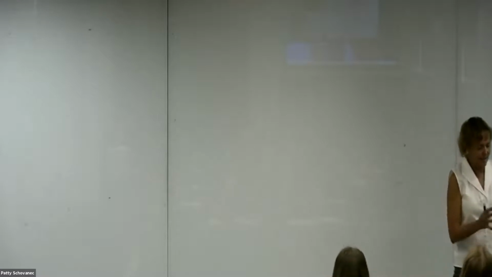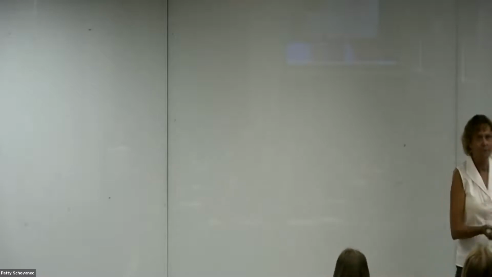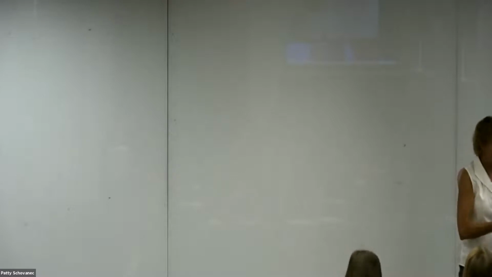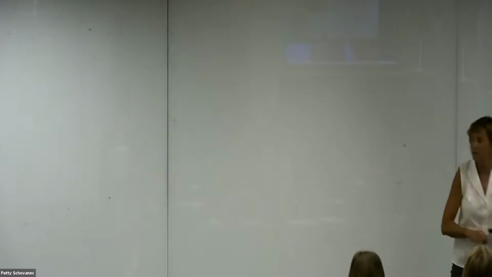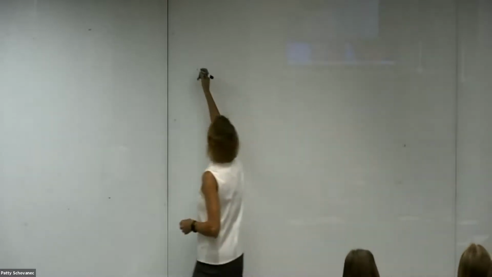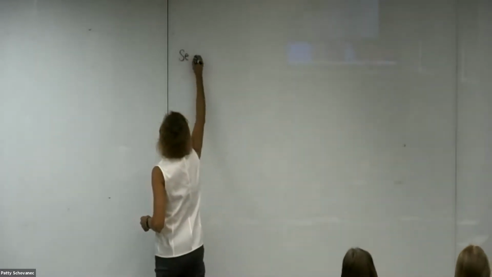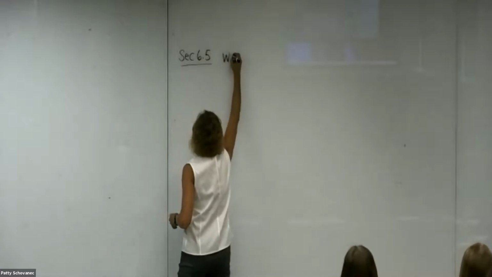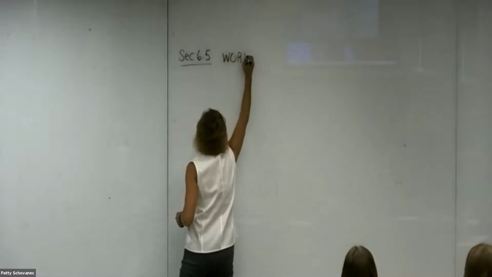So if the object has a constant weight, in pounds, and moved a fixed distance, then work is just the product. So section 6.5. We're gonna have 10 days to go through the entire chapter.